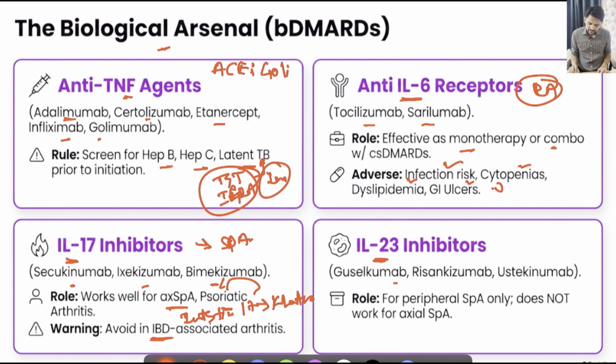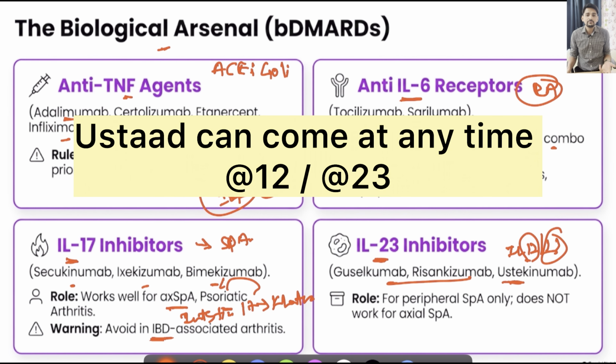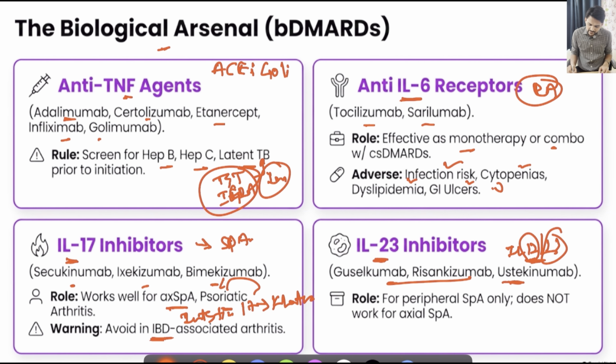Similarly, for interleukin 23 inhibitors, these are the examples. This ustekinumab is particularly an interleukin 12 and 23 inhibitor. So we used to remember this: ustad can come at 12 o'clock or at 24 o'clock. So as he is the ustad, time doesn't matter, 12 or 23.